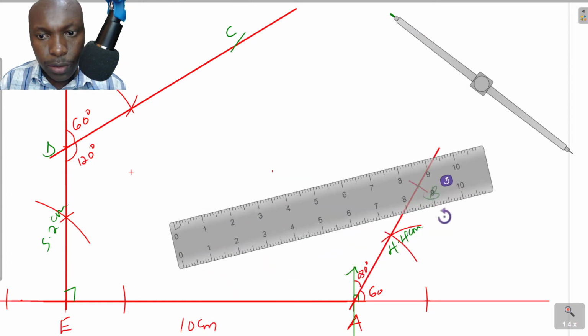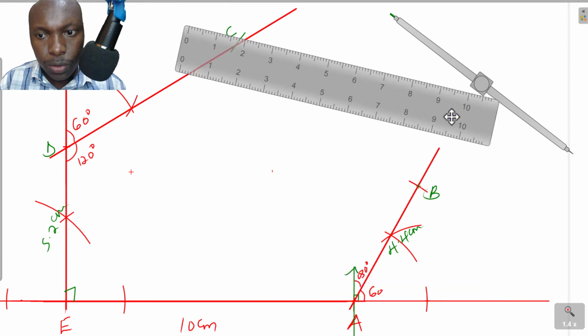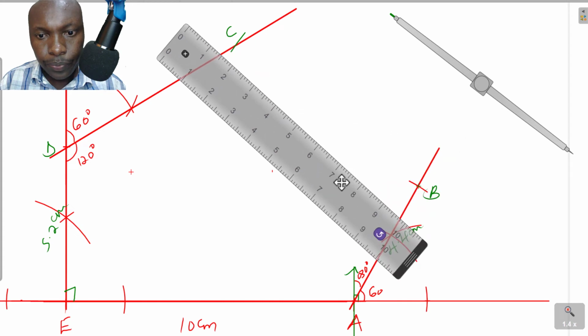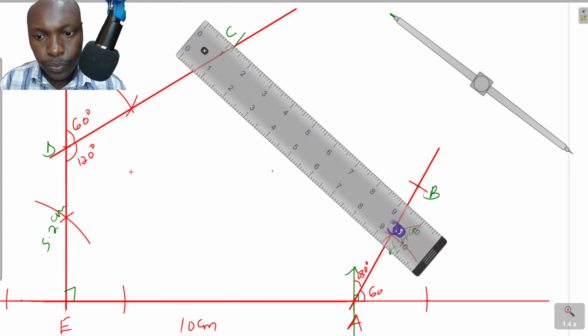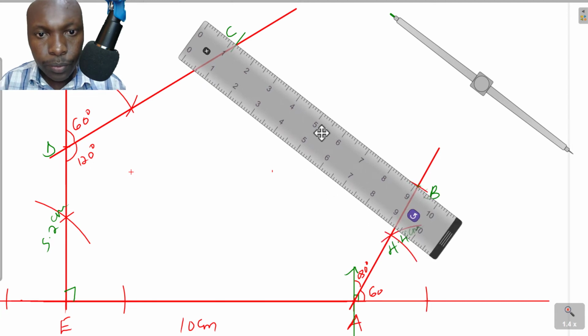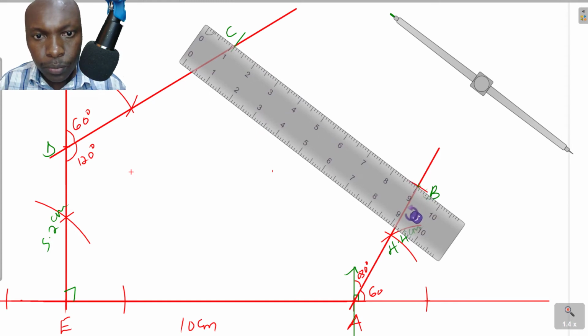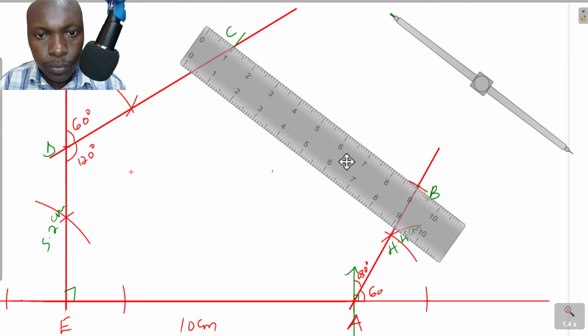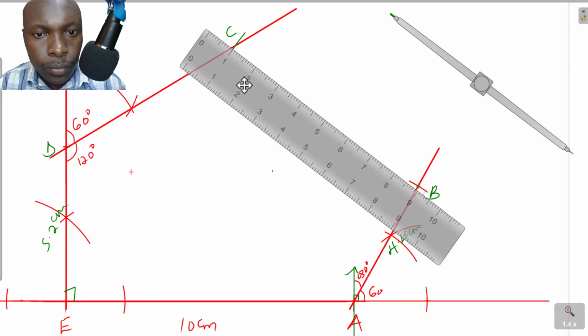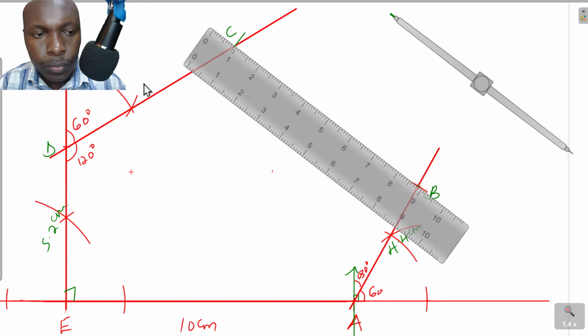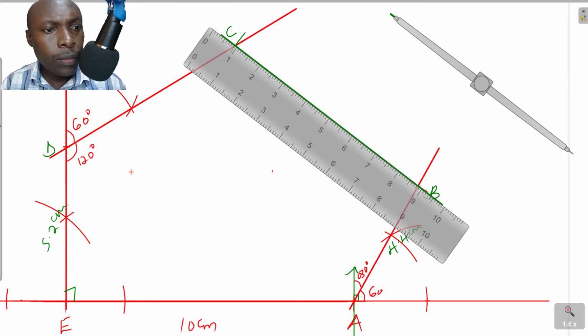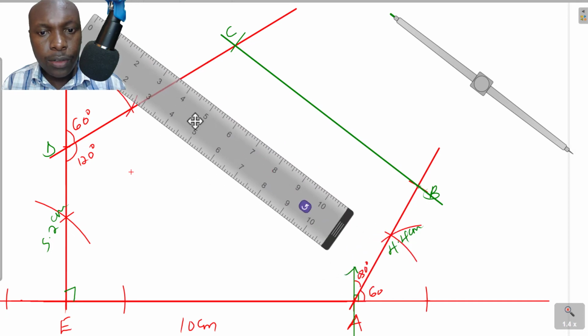Just take a ruler and join these. So let me take a ruler and join B to C. So join it like that, and that is how it's supposed to be done.